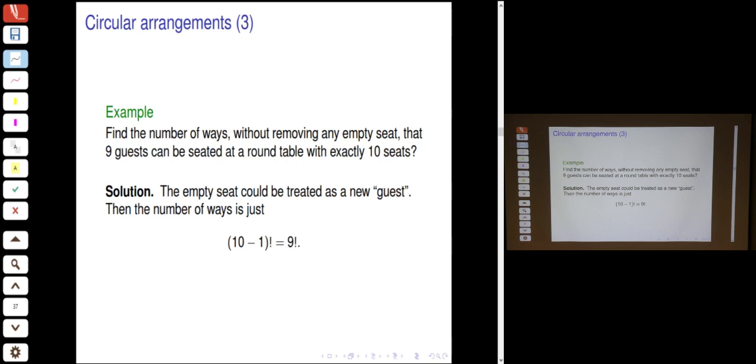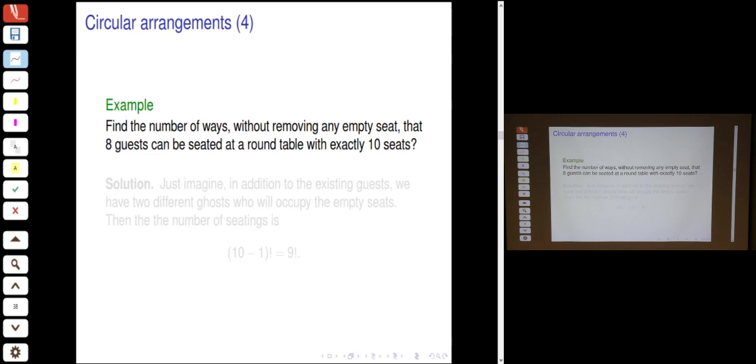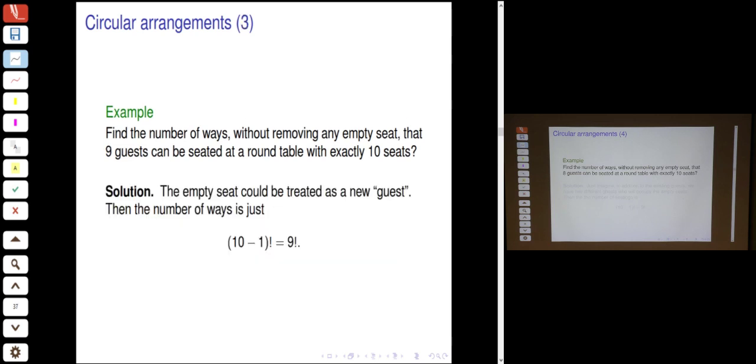So it's still like arranging 10 persons. It's because if you only miss one person, but the seat has to be there, you may imagine that's an empty guest or something.